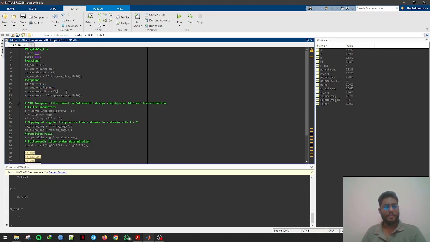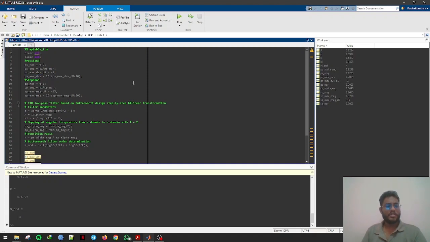The maximum pass band ripple in decibels is given by PS max dB, which is this one, and converted to a linear scale as PS max.